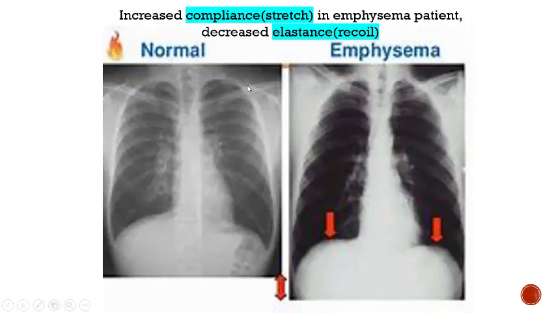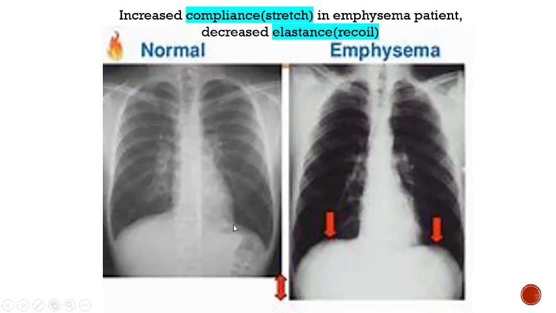So this is a couple x-rays that I just kind of threw in here because I'm a visual person. Like, this works for me a little bit better than a graph. So if you have increased compliance or stretch in an emphysema patient, you're going to have a decreased elastance or recoil because they're opposites. So stretch and recoil are opposite, compliance and elastance are opposite.